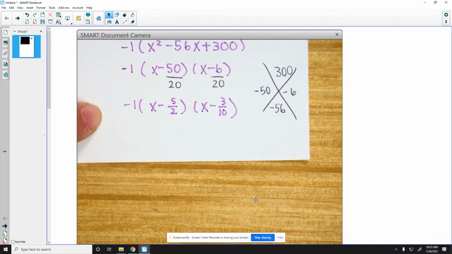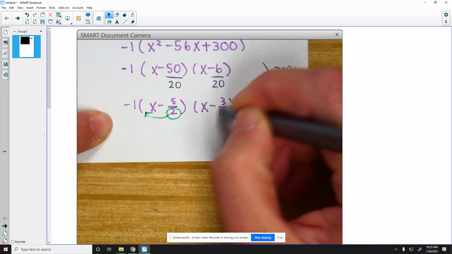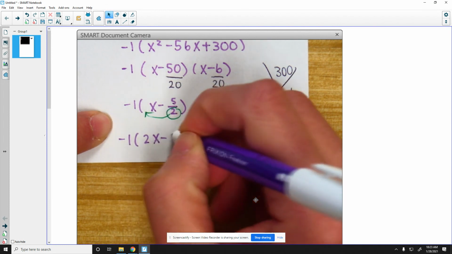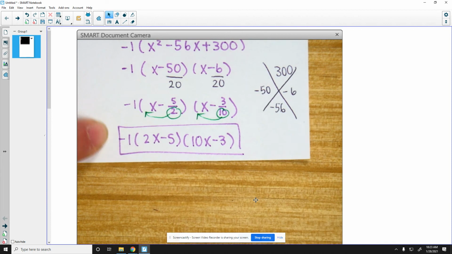Now you can pop the bottoms to the front. So negative 1, 2x minus 5, 10x minus 3. Okay, I promise that is as hard as it's going to get. That's why we're doing this again tomorrow.